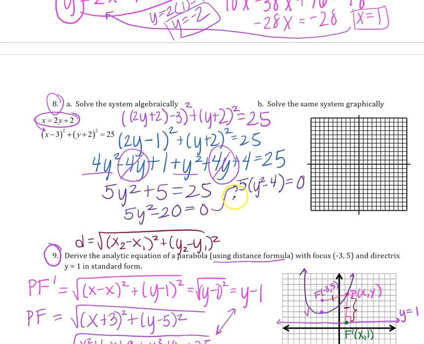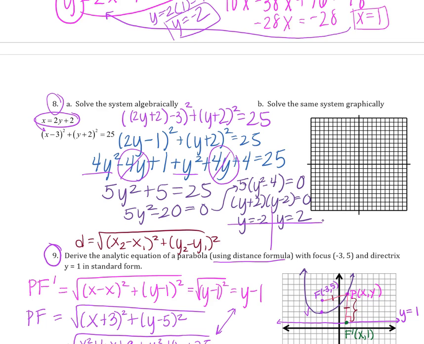So when I solve, this is really difference of squares. So I get y is equal to negative 2 and y is equal to 2. Now don't forget, guys, you have to go and then solve for the corresponding x values.